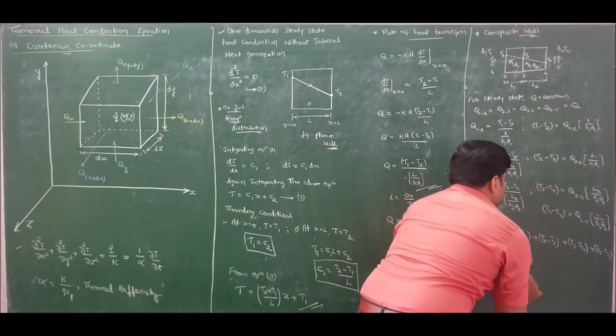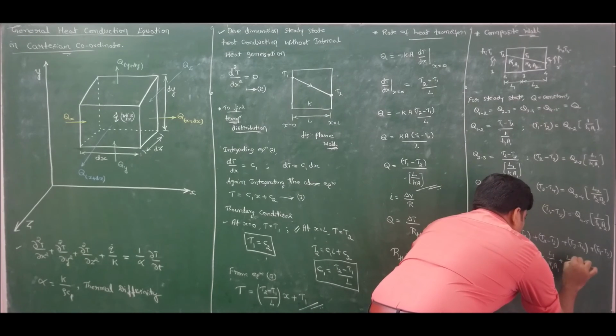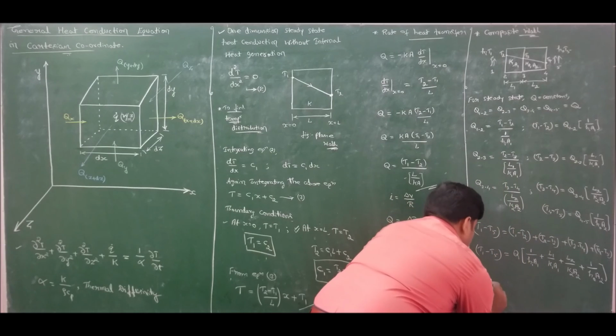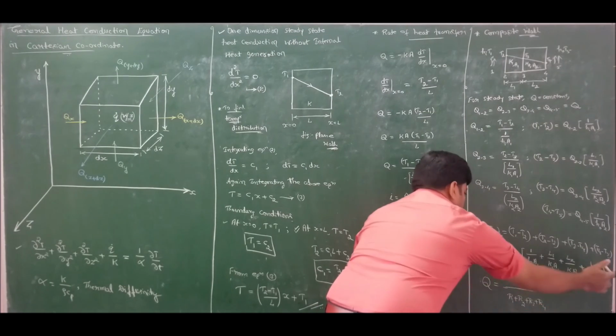So we have the resistances, that is 1 by Hi A1 plus L1 by K1 A1 plus L2 by K2 A2 plus 1 by Ho A2. Hence Q is equal to T1 minus T5 by the sum of resistances R1 plus R2 plus R3 plus R4, the four resistances.